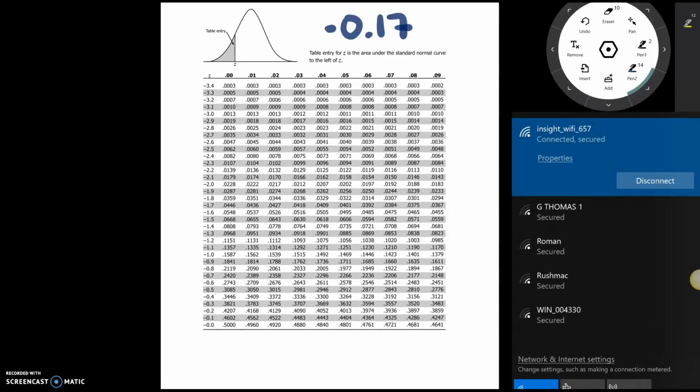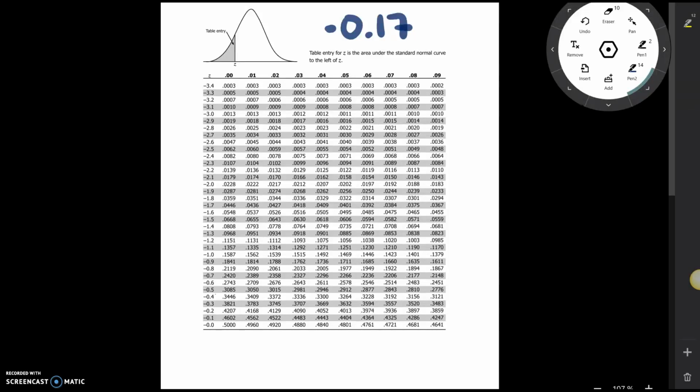So what we're going to do is look up this value. On the left, we look up negative 0.1, which occurs right here. And then we look up the 7 up top, and we see that those meet at 0.4325.